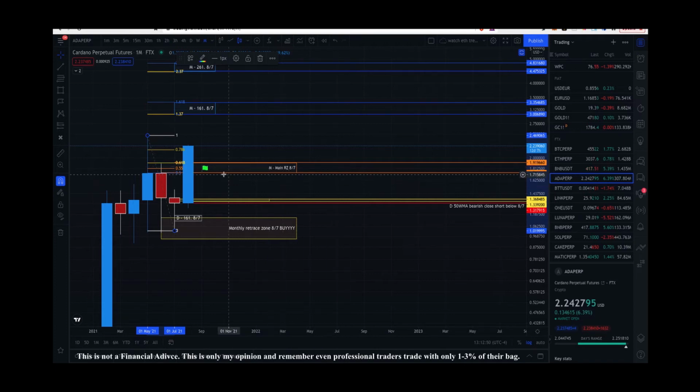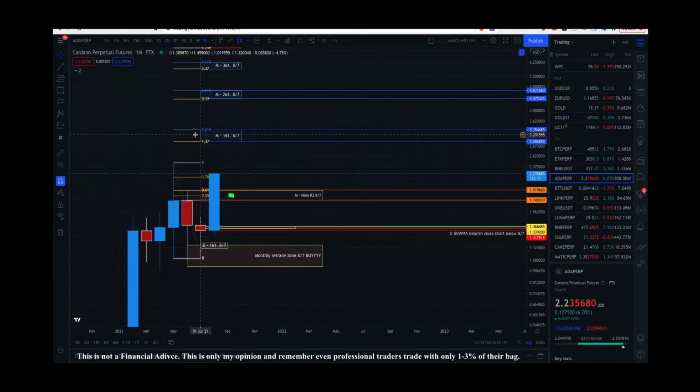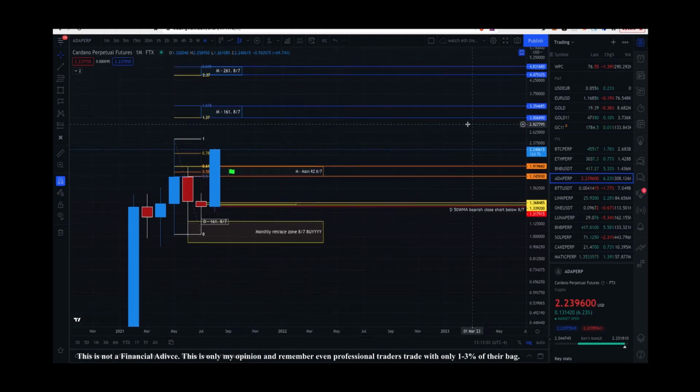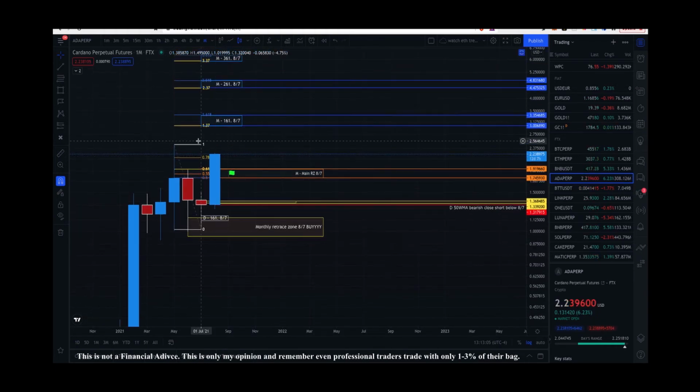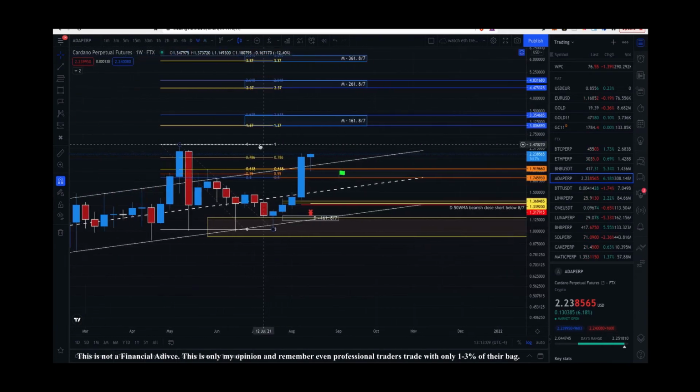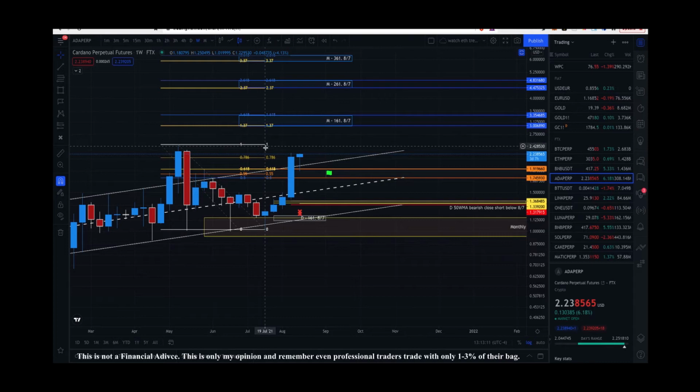This is what represents my resistance level. And then my Fibonacci extensions, 1618, 2618, etc. All right, here, let me get rid of this one.